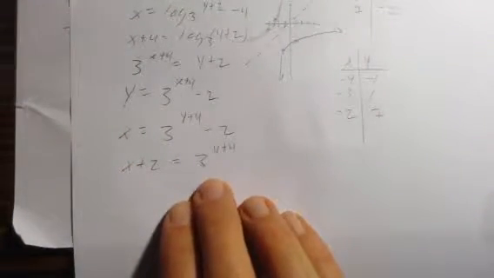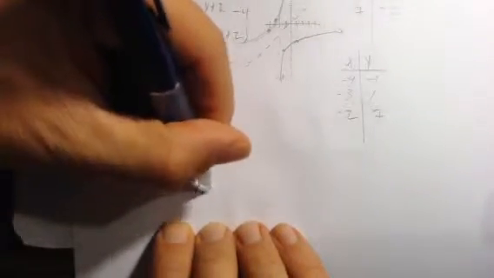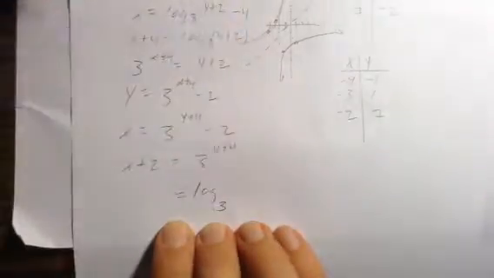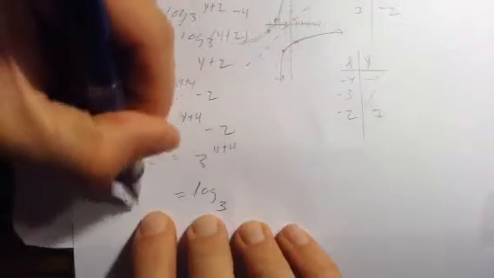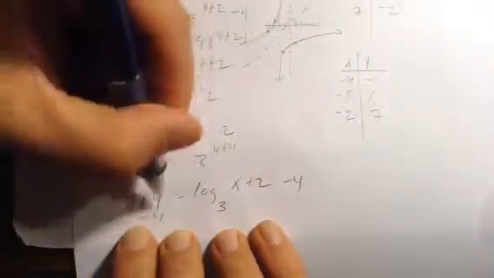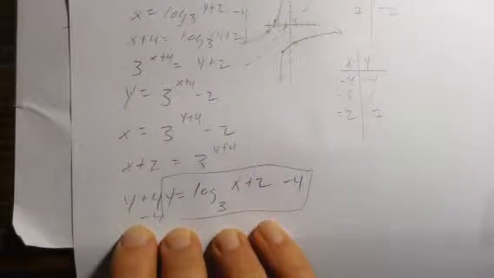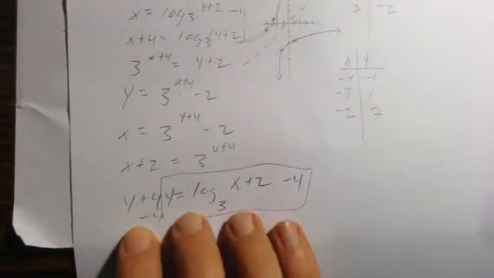It looks like we're going to say 3 to this power is this result. So I know we're going to have a logarithm here, and I know it's going to be base 3. If it's 3 to this power, it's going to be y plus 4, and this result is going to be x plus 2. Then I minus 4 and minus 4, and I think we're back to the original. So that wasn't that bad.